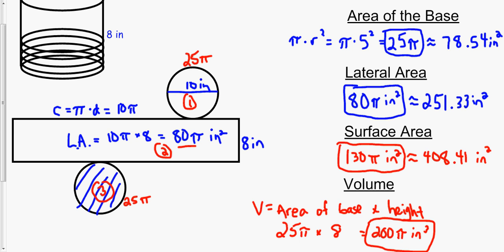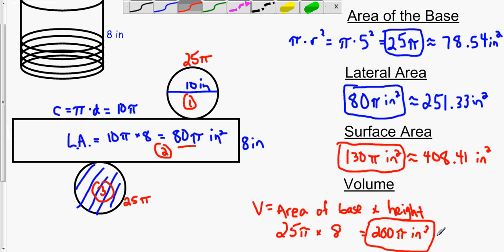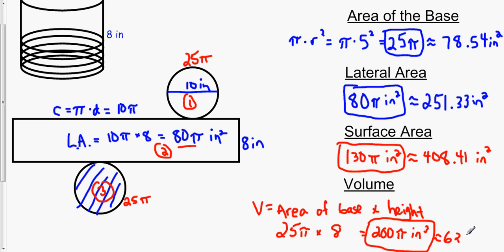And if we're looking for a decimal approximation, we can type that in: 200 times 3.14159. I get 628.32 inches cubed. So these are cubic inches instead of square inches. This is 3D for volume. Surface area and lateral area are two-dimensional. It's flat. All right, so that is how to find the surface area and volume of a cylinder.